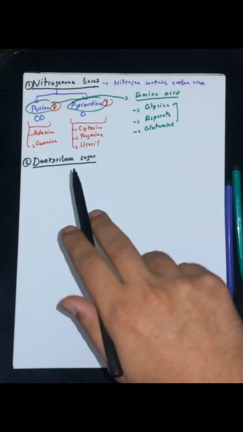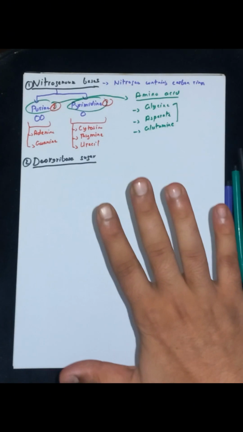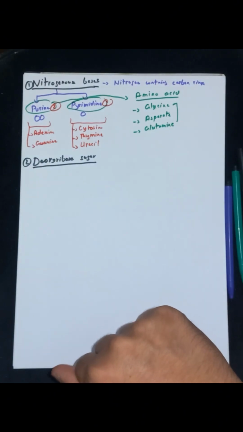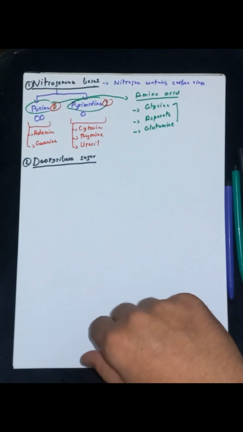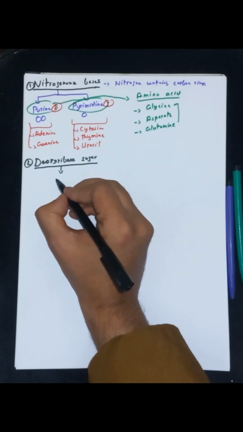Deoxyribose sugar is a pentose sugar. What does pentose mean? Pentose means there are 5 carbons. Any sugar which contains 5 carbons is called a pentose sugar. So now let's discuss how many types of pentose sugar there are.